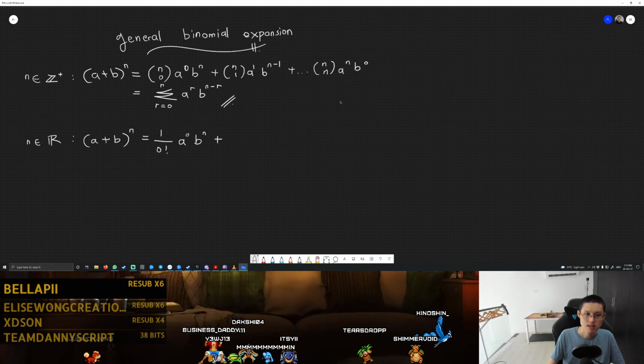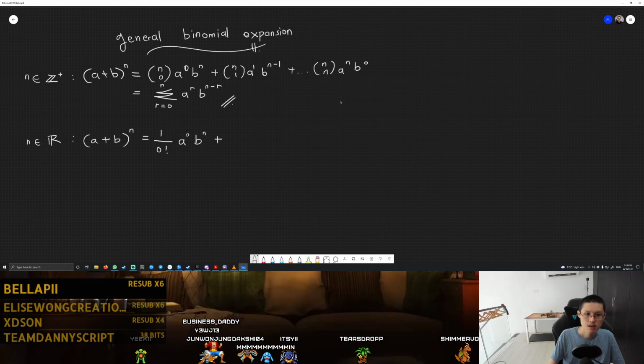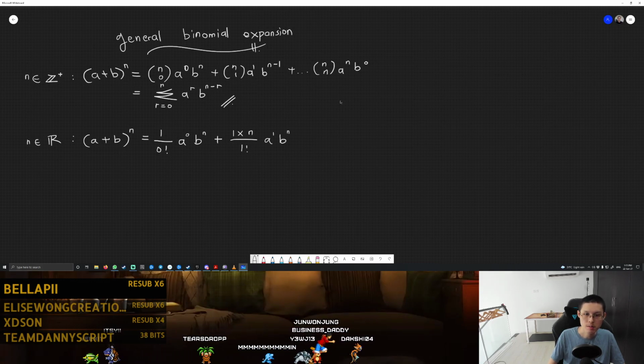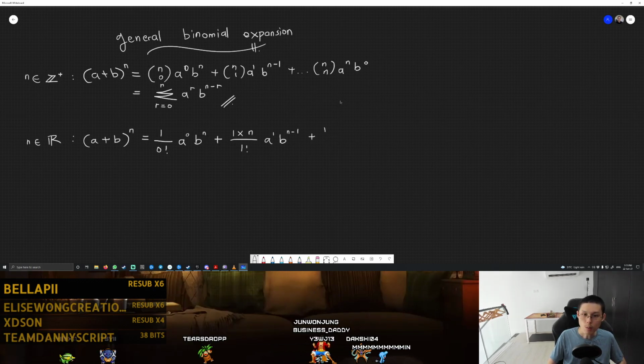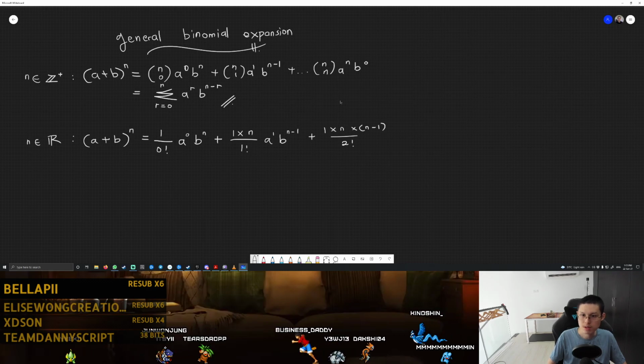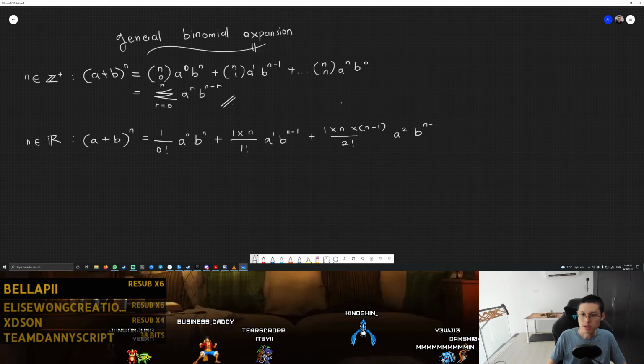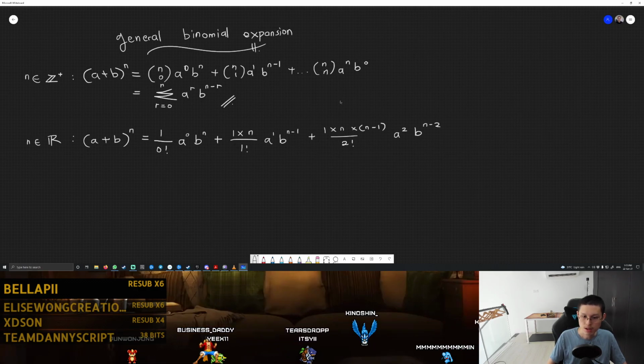And then plus, this one is going to be 1 times n over 1 factorial a^1 b^(n-1). And then the third one is going to be 1 times n times (n-1) over 2 factorial a^2 b^(n-2), and so on.